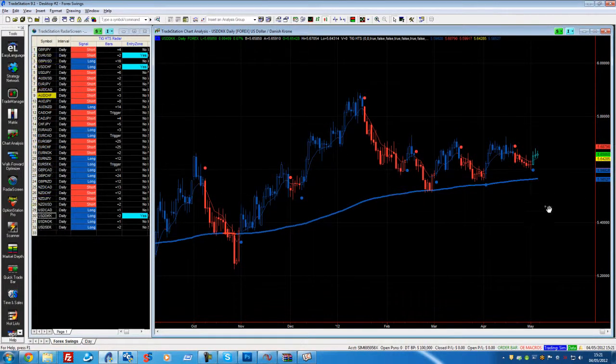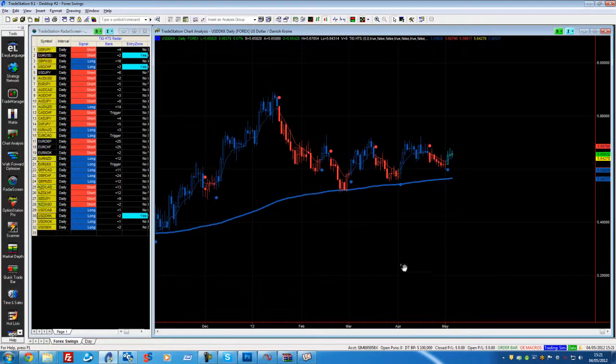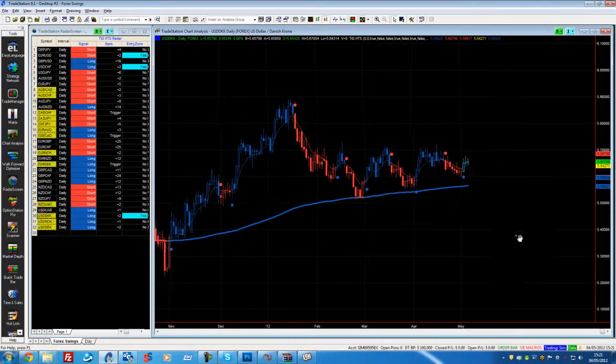So we've got the USD Danish krone here, and we've got an entry zone above support. So it's looking like a good trade. That's something I would take. So we've got 3 entry zones here set up nicely, ready to actually take these trades.